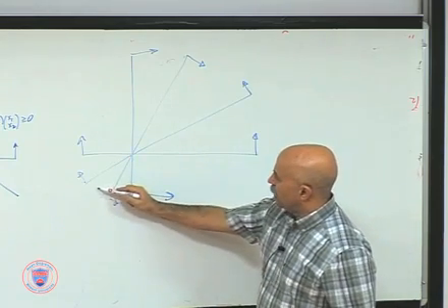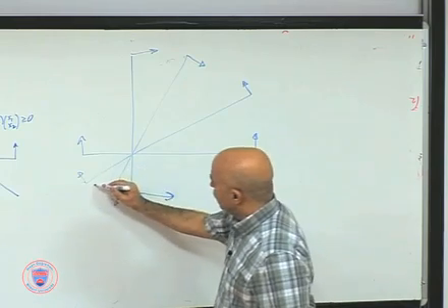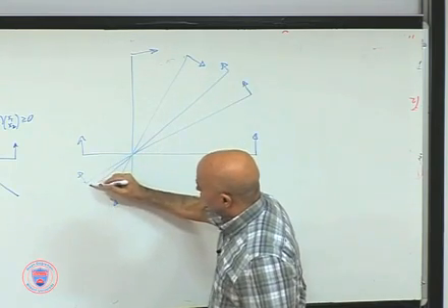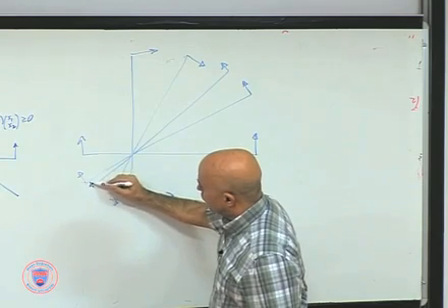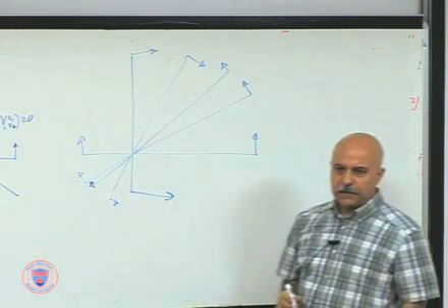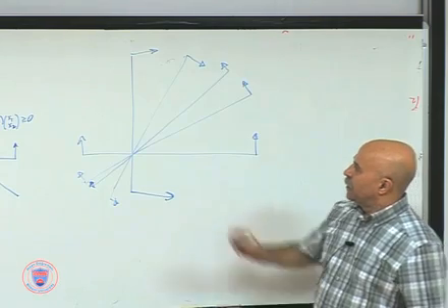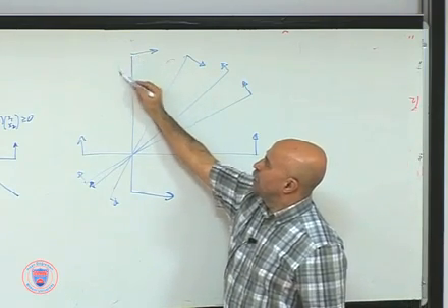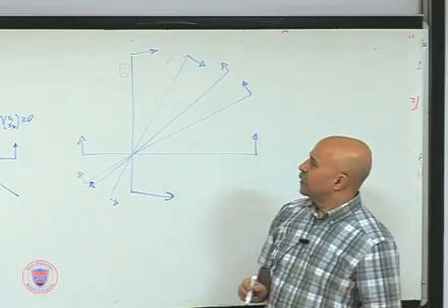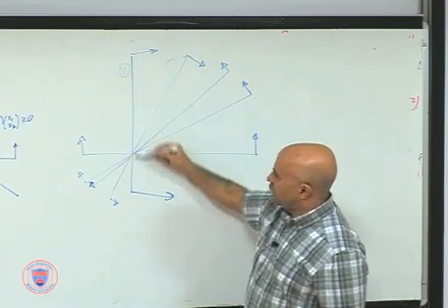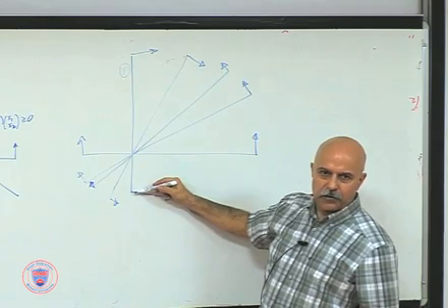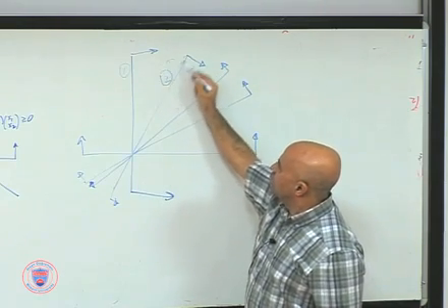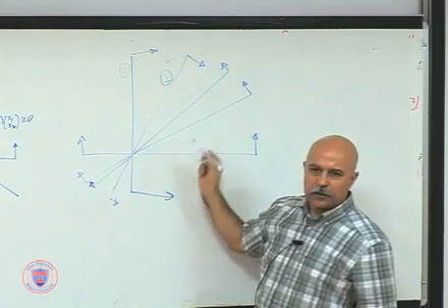I might also have another one passing through the origin and going this way. So we've got 5 half spaces under consideration. The defining hyperplane for the first half space is the line that you see in the picture. The defining hyperplane for number 2 is this one. Okay, so on and so forth.